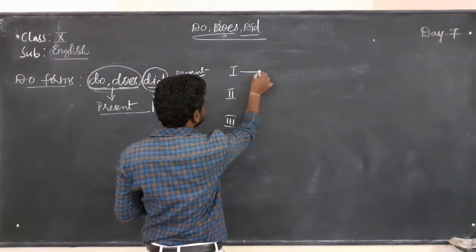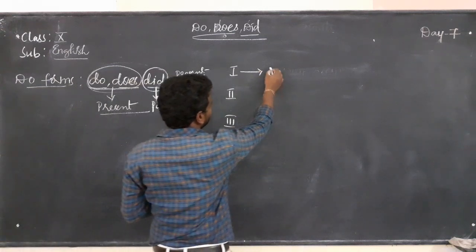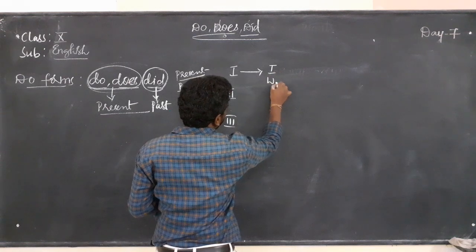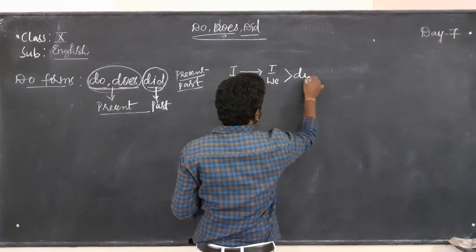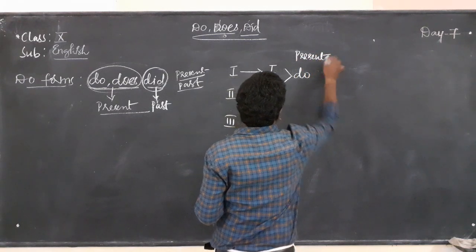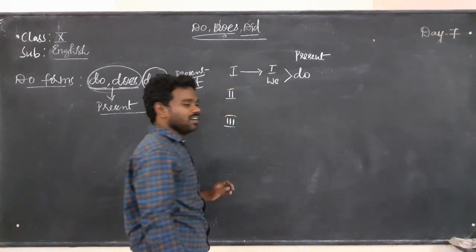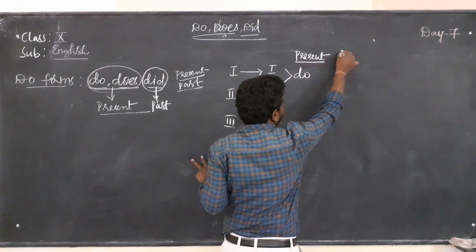In the first person, what are they? I and we. I and we always take do in present tense.